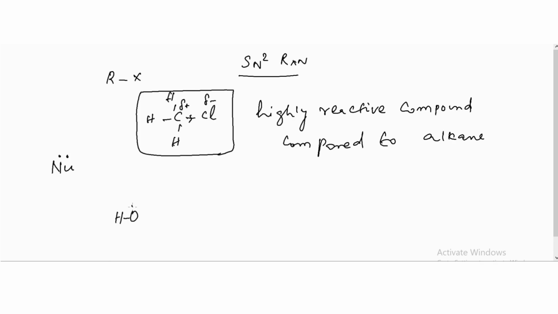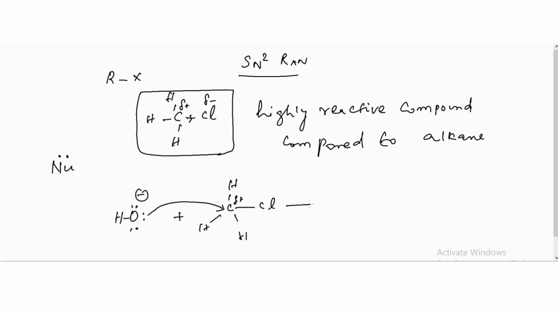Now this OH minus ion is reacting with the halide. As we discussed, this carbon has a partial positive charge. This lone pair of electrons has the ability to attack this partially positively charged carbon.